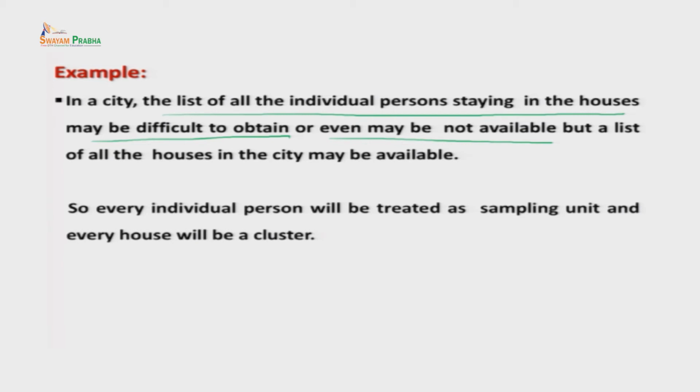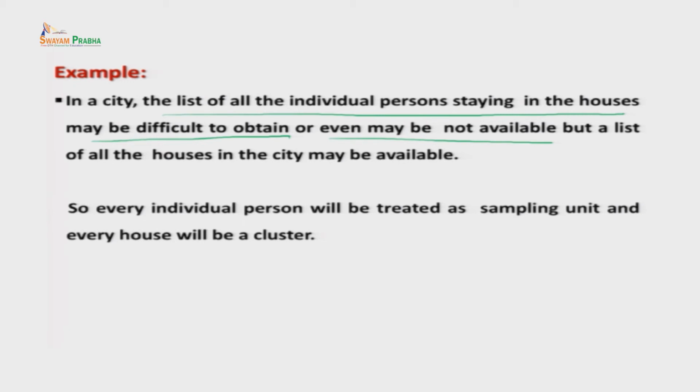Even if the colonies have different numbers of houses, at least you know that colony 1 has 20 houses and colony 2 has 100 houses. So, what do you think? Which is the easier job, to prepare the list of the houses or to prepare the list of the individual persons who are staying in those houses? Obviously, preparing the list of houses is easier.